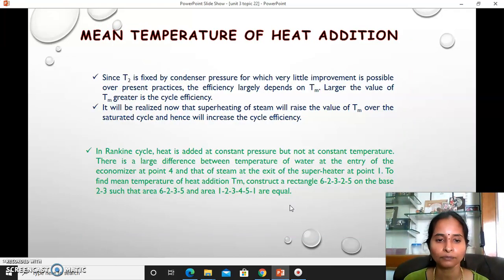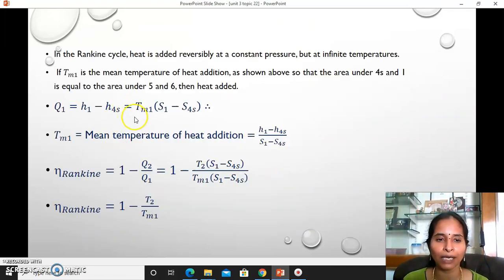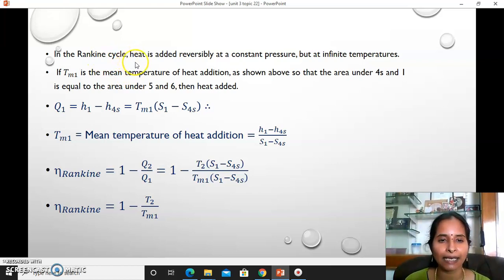So this was explained here, and now a simple derivation is given for this mean temperature of heat addition. In the Rankine cycle heat is added reversibly at constant pressure, that you know very well, and Tm1 is the mean temperature of heat addition, shown as the area under 4 to 1 equal to the area of 5 to 6, and then heat is added.